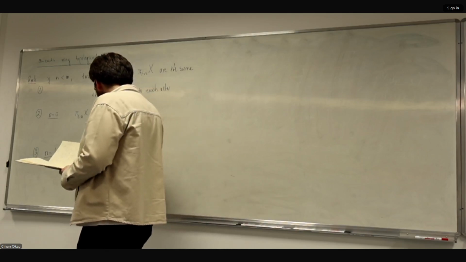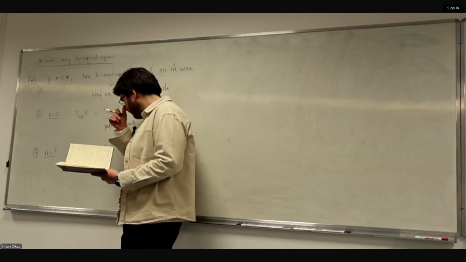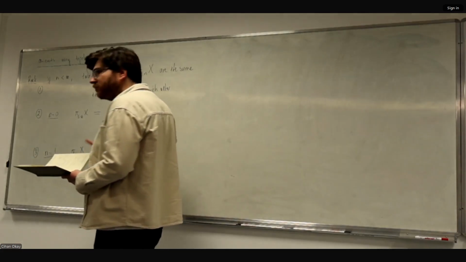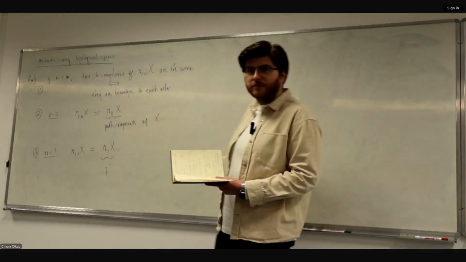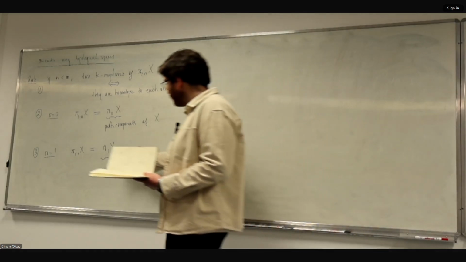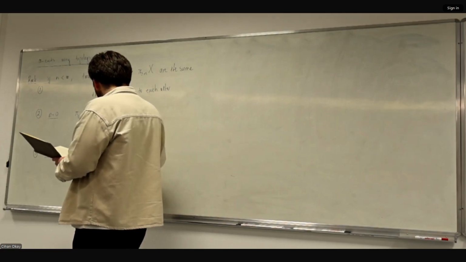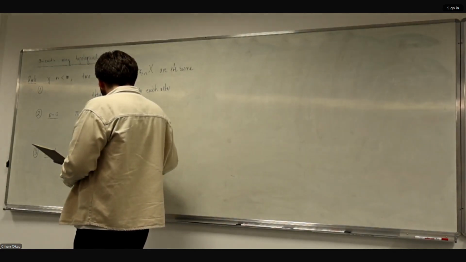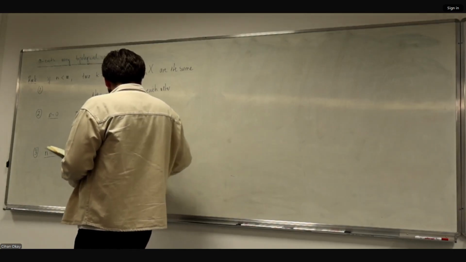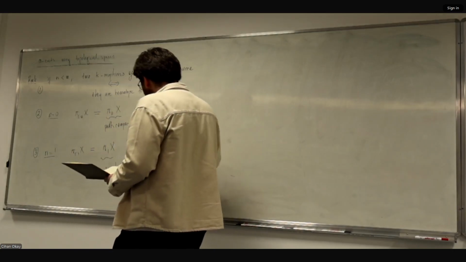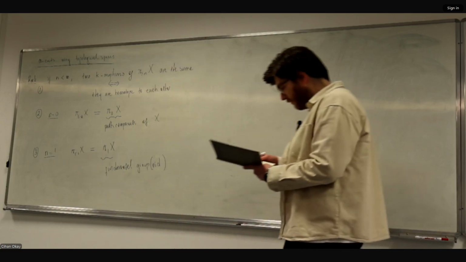But since you have the fundamental group and you have invertibility as well, all maps are invertible. So actually this is a groupoid, okay, because you have invertible maps. This is what we call the fundamental groupoid.